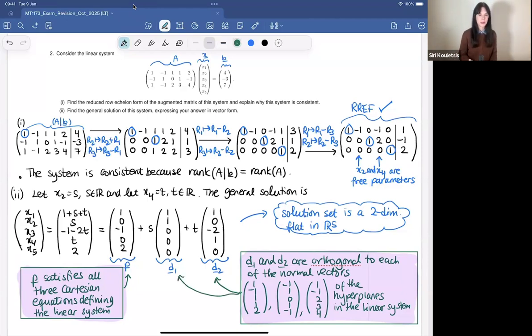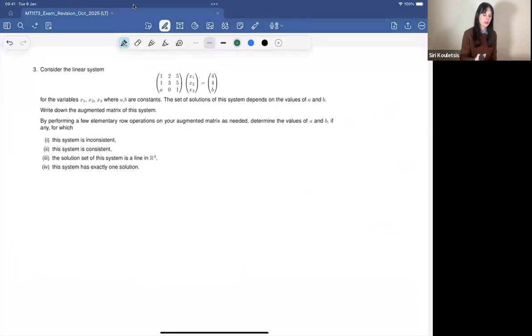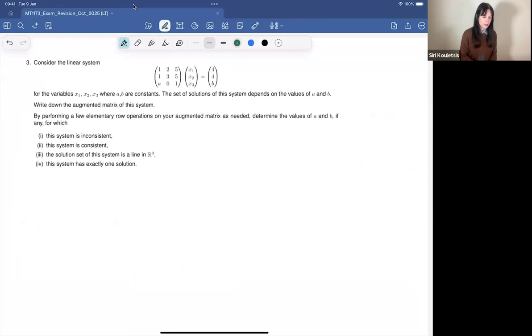Now, moving on to the next question. Consider this linear system here, 3 equations and 3 unknowns, where we have some constants A and B appearing here.